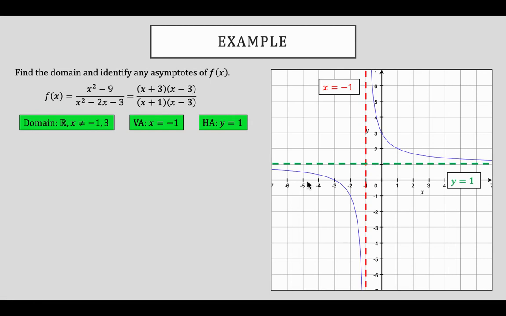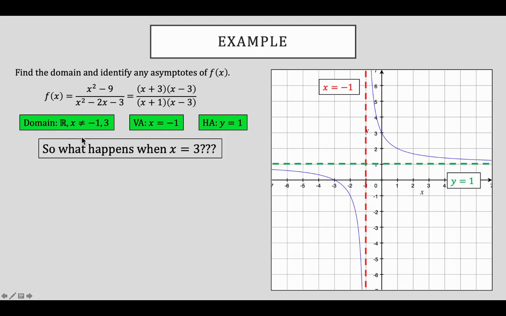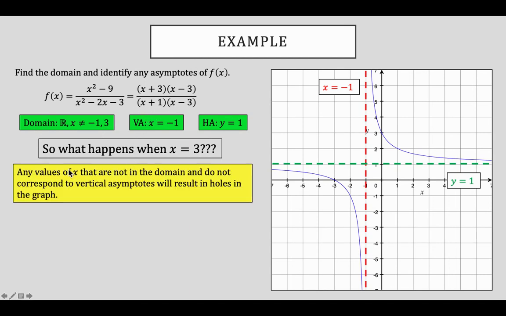So, the next question is, what happens when x is equal to 3? As we said already, the domain is all real numbers except for negative 1 and 3. And we've recognized that we have a vertical asymptote at x equals negative 1 because we were able to cancel out the common factor of x minus 3 and x minus 3, and negative 1 was the remaining zero of the denominator. So, this is important.